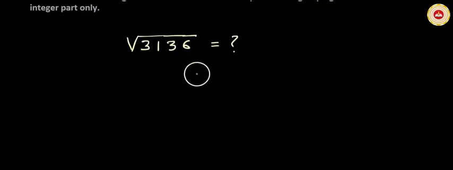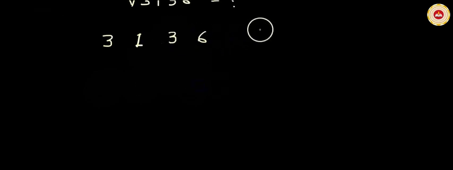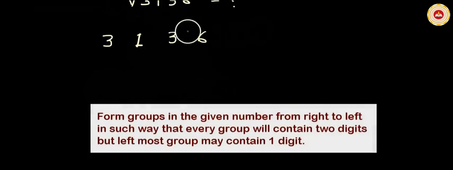Now friends, let us understand this method by solving an example. Let us find the square root of 3136. First of all, let us write the given number 3136. Now, let us form groups in the given number starting from the right side, from right to left, in such a way that each group will contain 2 digits and the left group may contain 1 digit.